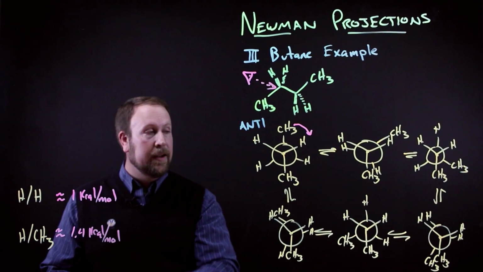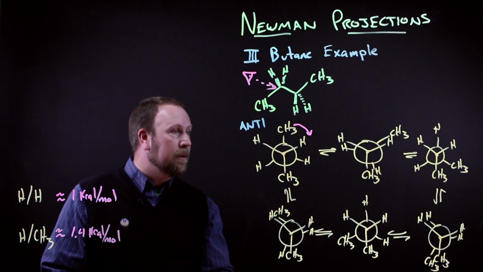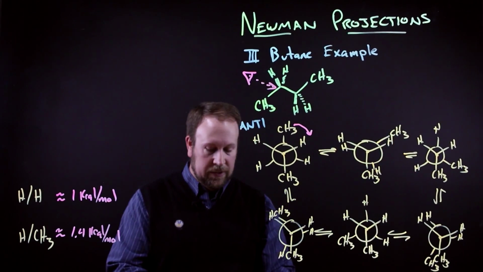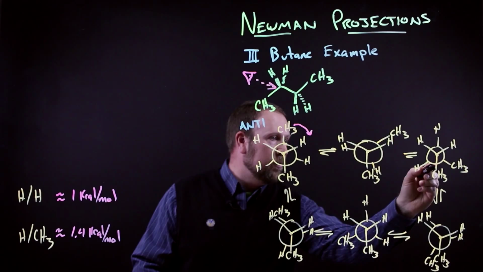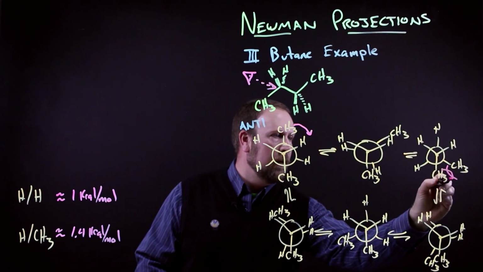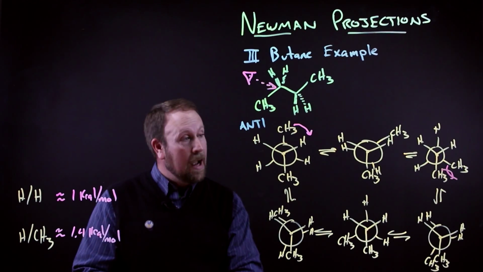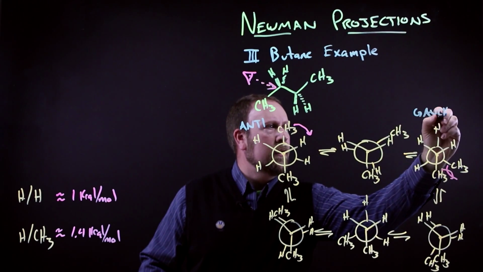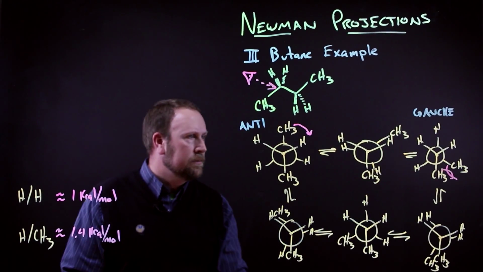So we can try to calculate exactly how bad this conformation is going to be. Then as we continue to rotate, we get to another staggered conformation, and we can see we have 2 methyl groups that are in close proximity here. This is what's known as a gauche interaction, and we will call this a gauche staggered conformation.